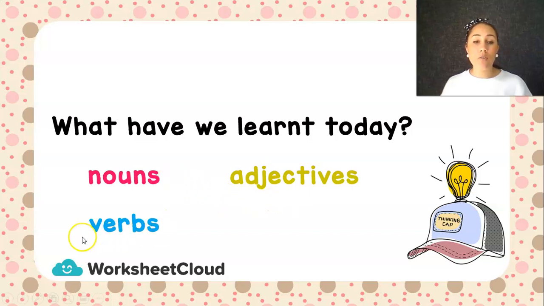Then today, our new things that we learned were verbs and adverbs. And we learned that a verb is a doing word, an action word, something that you can do. And we learned that an adverb describes the verb. It describes how we can do something. So let's think of a few examples for verbs. We can say eat, or drink, or type, or write, or jump.